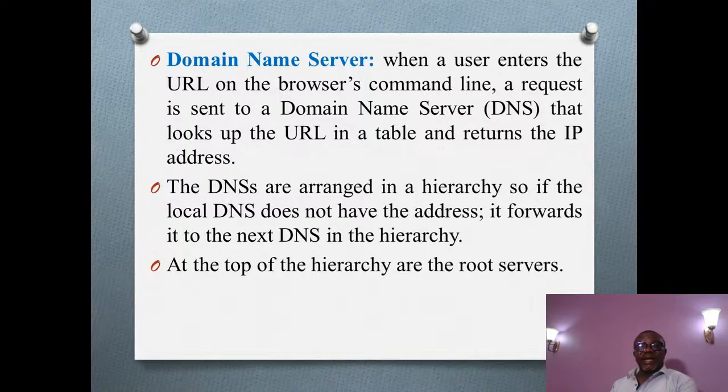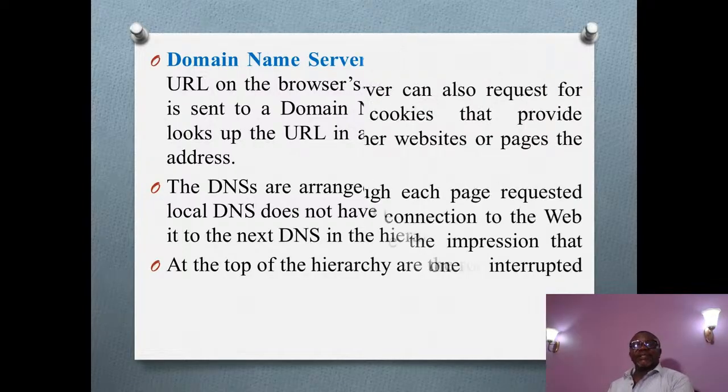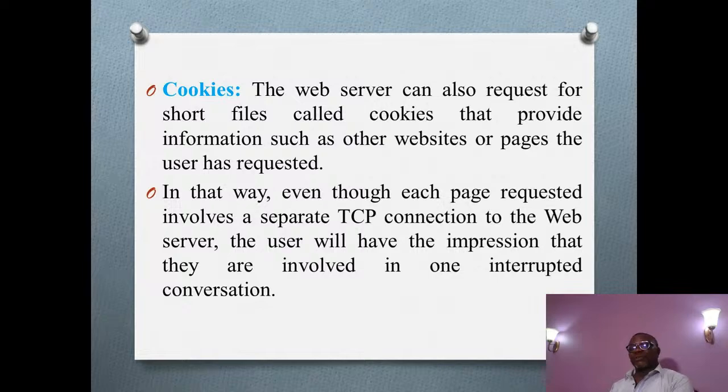These DNS are arranged in a hierarchy. So if the local DNS does not have the address, it forwards it to the next DNS in the hierarchy. So at the top of this hierarchy sits the servers that are known as the root servers. And these root servers are the ones that connect one backbone to another.